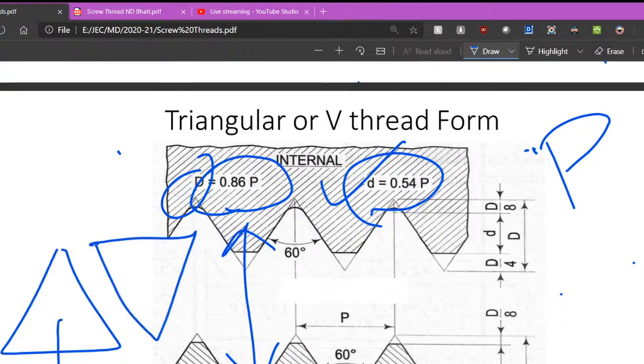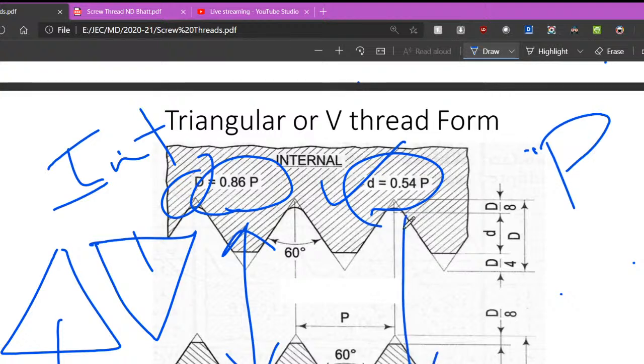Consider this one for external, consider this one for internal. Theoretical is same for both cases, but actual depth differs, you see the difference.